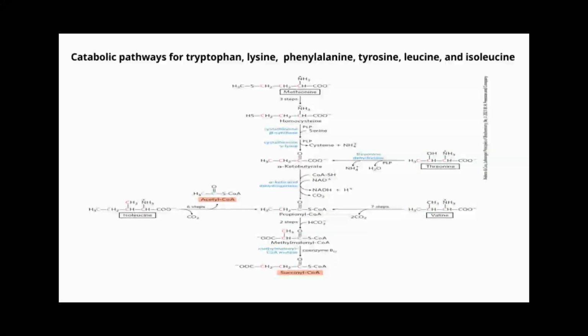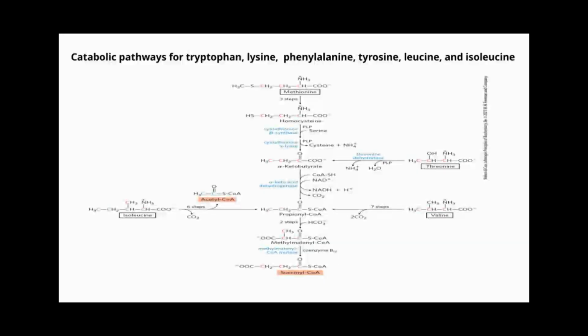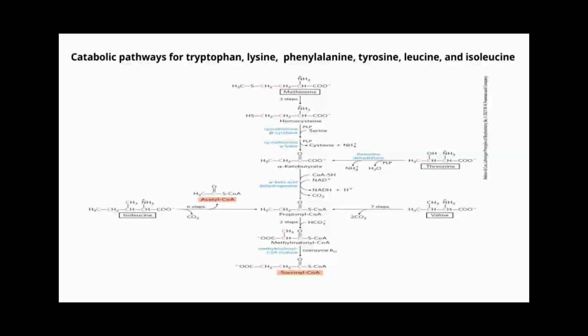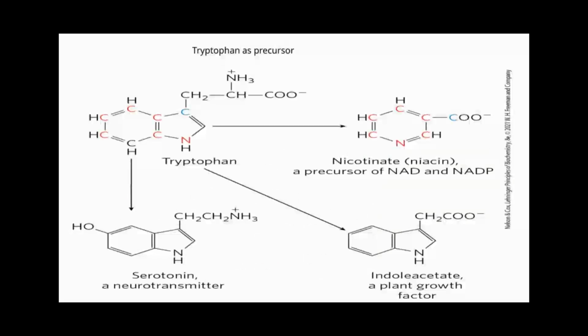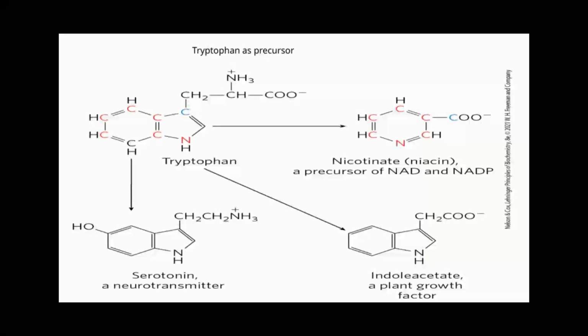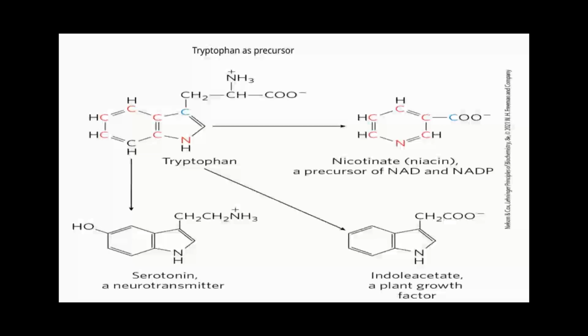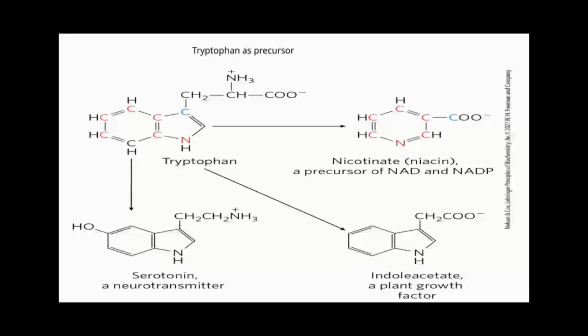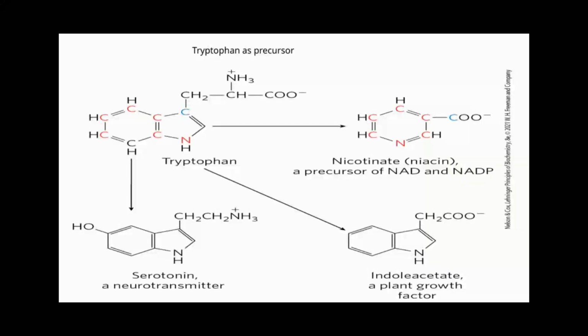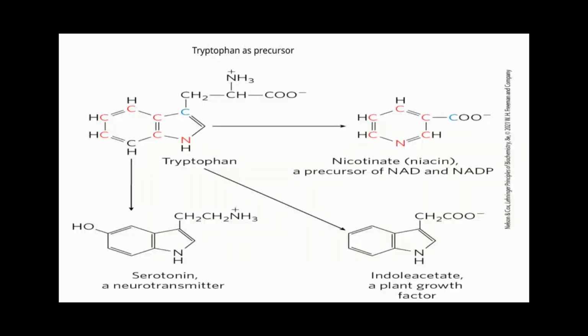Tryptophan, as many of you know, is an essential amino acid, which means our bodies can't produce it on their own. Instead, we have to get it through our diet. But what's really fascinating is that tryptophan serves as a precursor for several important compounds in our body. For instance, it's the starting point for the synthesis of serotonin, a key neurotransmitter that influences mood, sleep, and even appetite. This connection highlights how what we eat can directly impact our mental health and overall well-being.